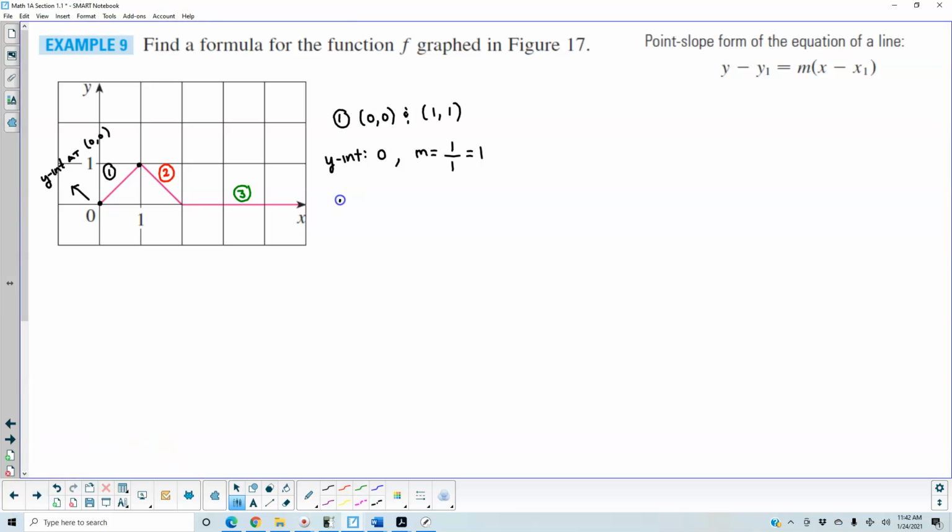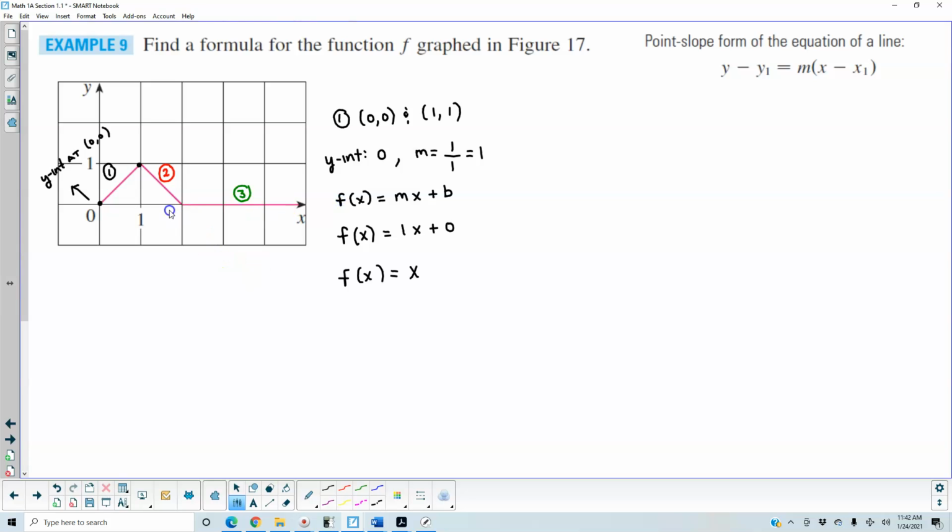The slope-intercept form is f of x equals mx plus b. So this first line is f of x equals 1x plus 0. So this is f of x equals x.